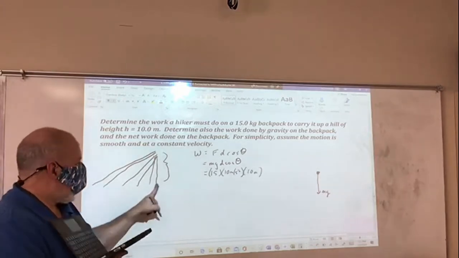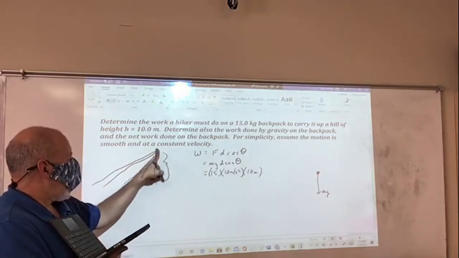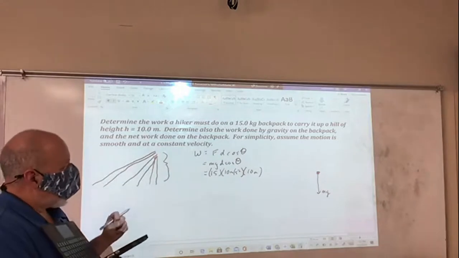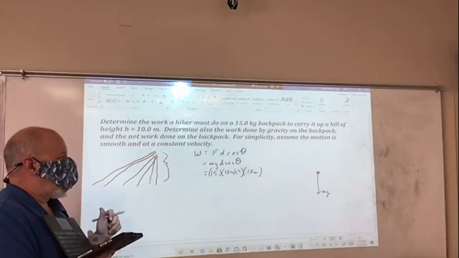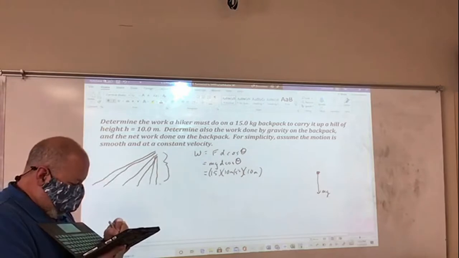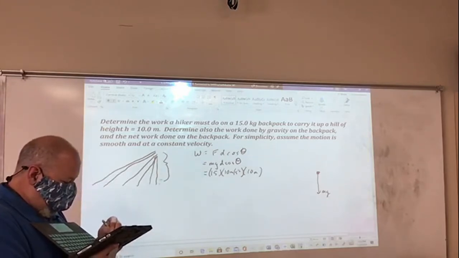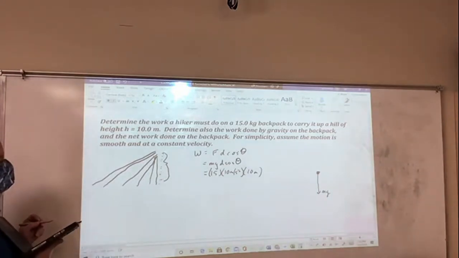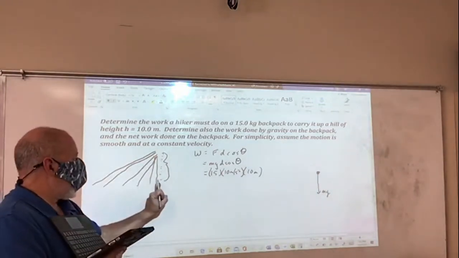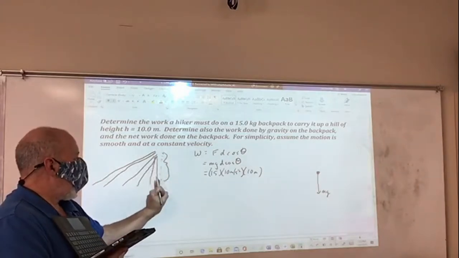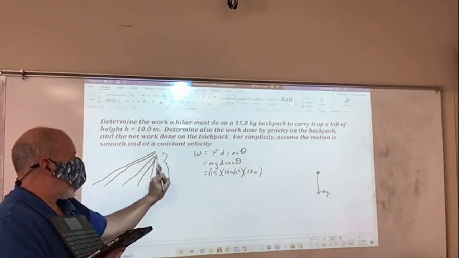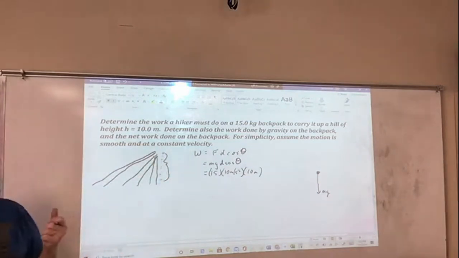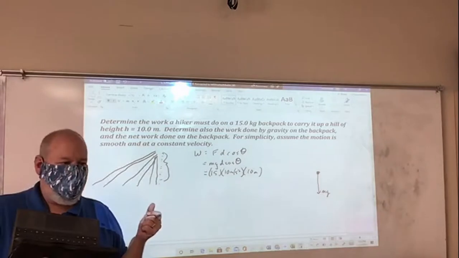And let's say that we're actually going straight up. Somehow we're doing this. Maybe the stairs in the side of the hill are almost completely vertical. Okay. Let's assume that it is straight up. My direction of motion is up. My direction of the force applied is also up. So what's the degree of separation between the direction of motion and the force?